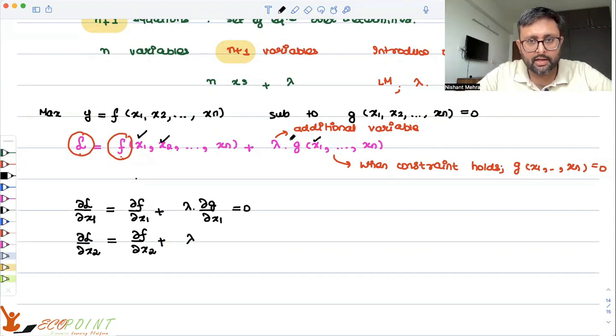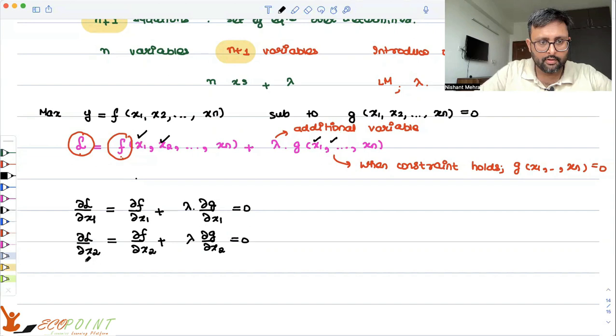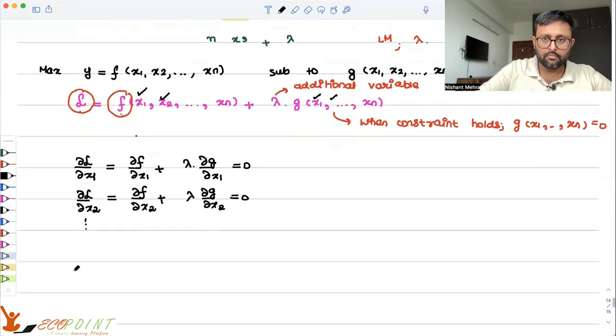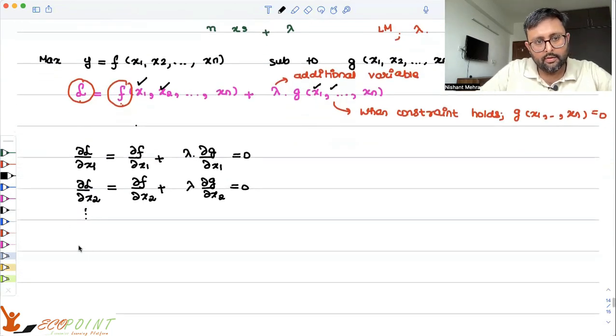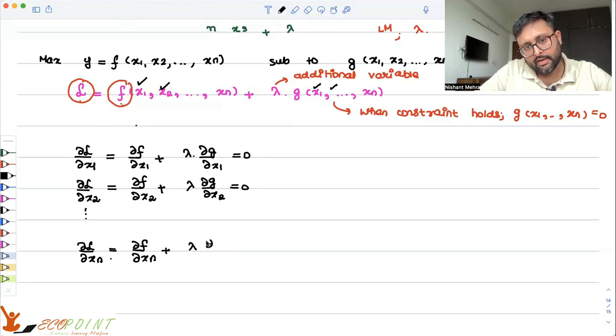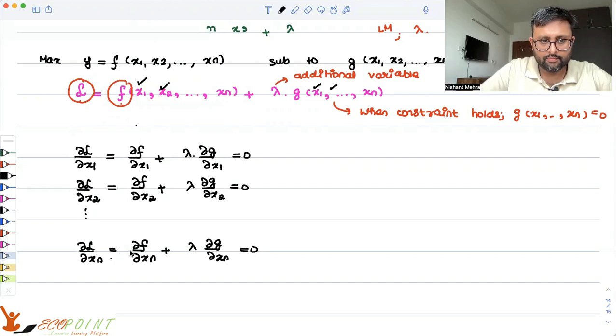Where is x2, beta? Here, and x2 is here. Plus lambda del G by del x2 equals to 0, right? Then del L by del xn is del F by del xn plus lambda del G by del xn equals to 0.